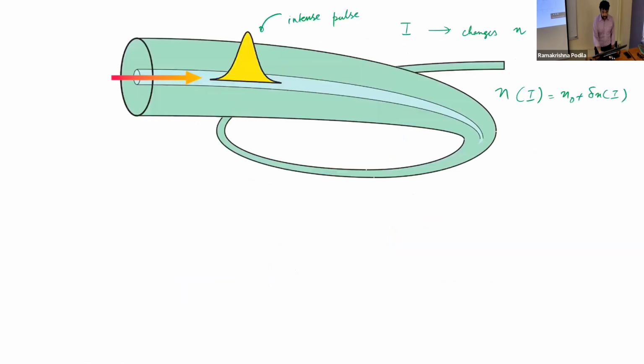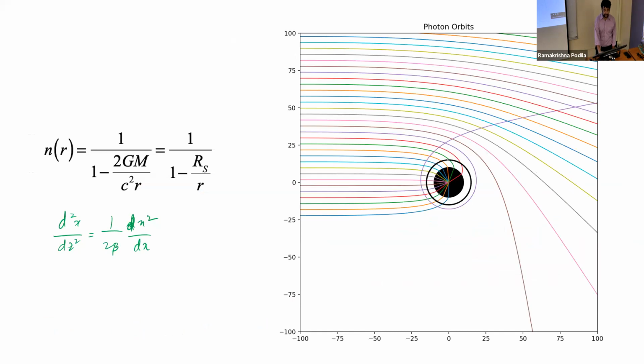The main take-home message is that the refractive index bends light, and that refractive index is essentially like curvature. So you can draw a parallel with general relativity. For a black hole, you can estimate a distribution of the refractive index, and then you see how light bends. At a critical parameter, you can picture a black hole.